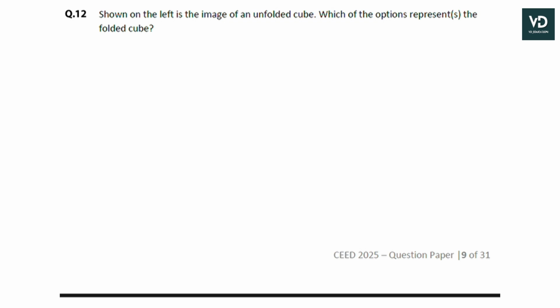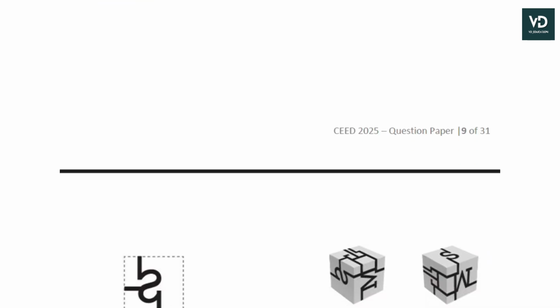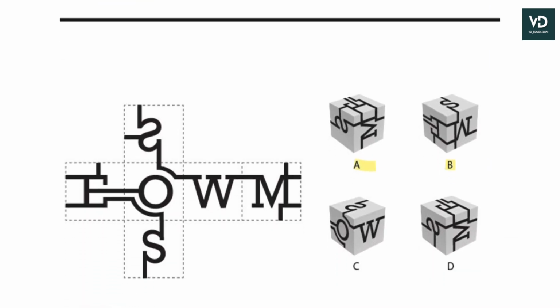So the 12th question is, shown on the left is the image of an unfolded cube. Which option represents the folded cube? Okay, so here we can see the options will be A and B, because we know a cube has some relation with its adjacent shapes, like this part will be connected to this part, this part will be connected to this part, and the last edge parts will be connected to each other.